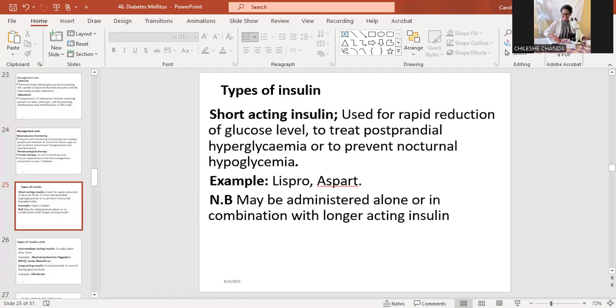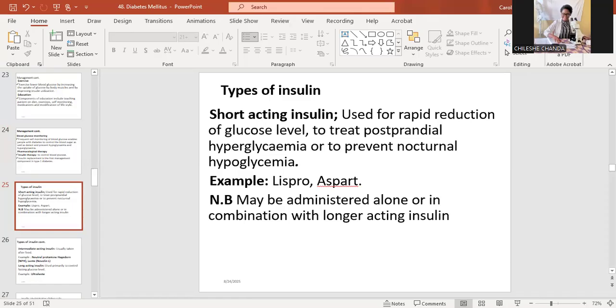So when it comes to types of insulin, you have short-acting insulin. These are used for rapid reduction of glucose levels, and these will treat postprandial hyperglycemia, the hyperglycemia that happens immediately after eating, and they will also prevent nocturnal hypoglycemia.